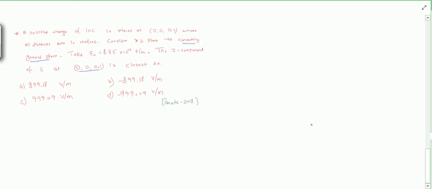It is basically based on image theory only. So here the conducting surface is like this, and a charge of plus 1 nanocoulomb is placed at location (0, 0, 0.2). Its image charge will be where?